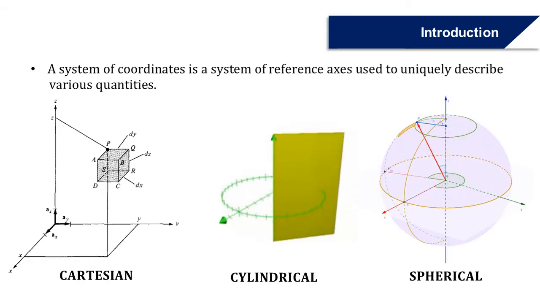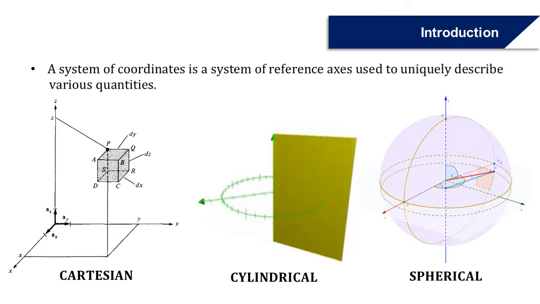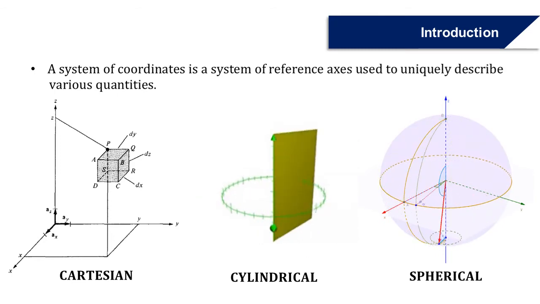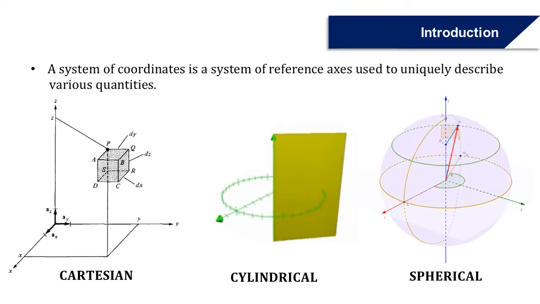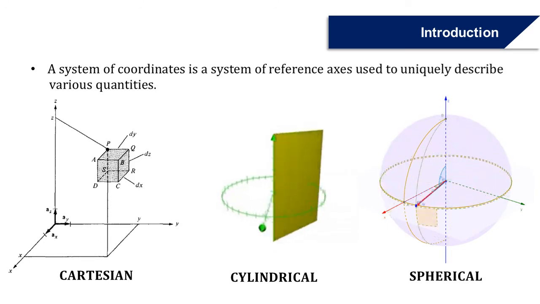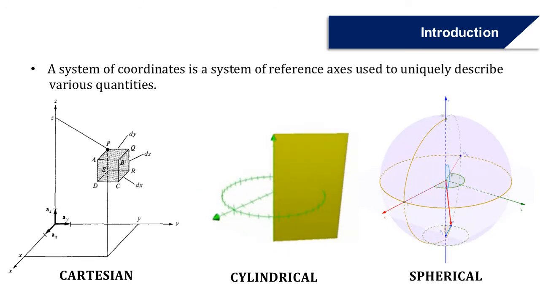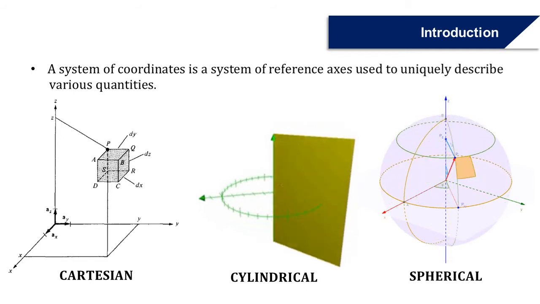Yan. So again, balikan lang natin yung definition ng system of coordinates. So a system of coordinates is a system of reference axis. Ibig sabihin, reference axis, okay, yan yung ginagamit natin to characterize or solve problems from these references.